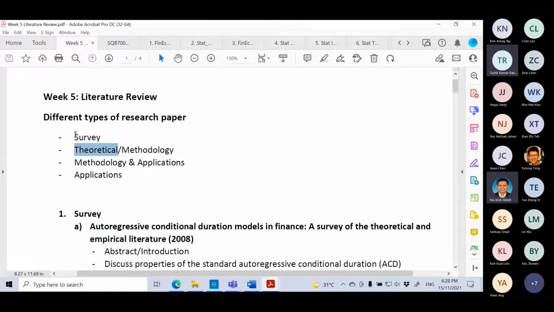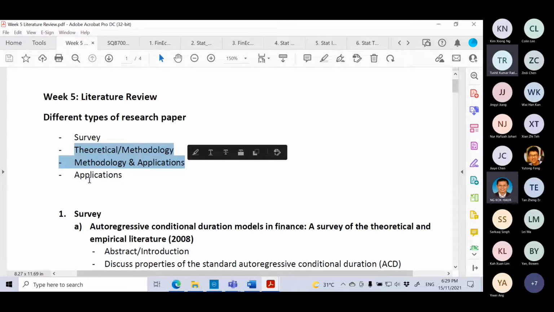But in a survey paper, you can see that they write a lot about the previous studies. Most papers right now consist of all these components: theoretical results, methodology and application. But it depends on how far their theoretical results go. Some of them provide the full proof, and some of them just tell you briefly. So these two will be under the same category.